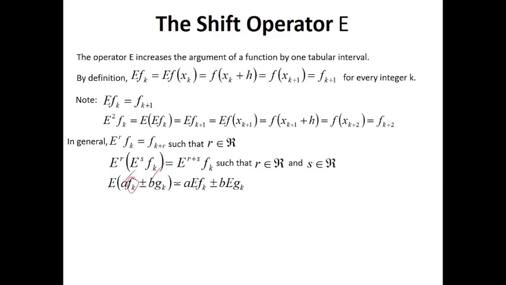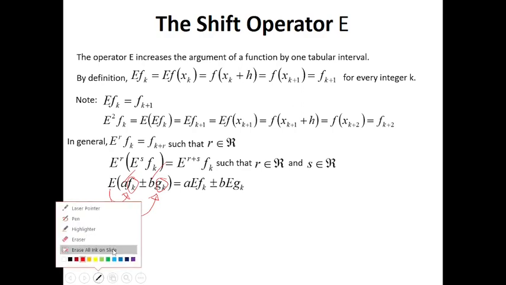We have the two functional values, f sub k and g sub k. So, simply, we have a E f sub k. Then b E g sub k. So, kumbaga, i-distribute lang natin. Okay?